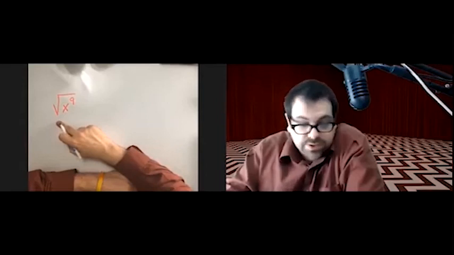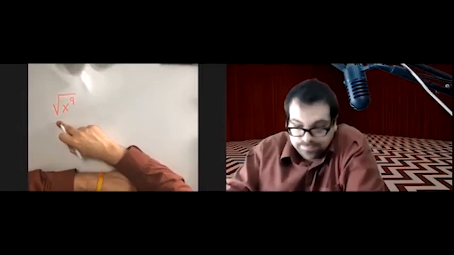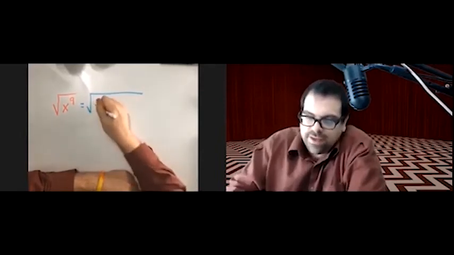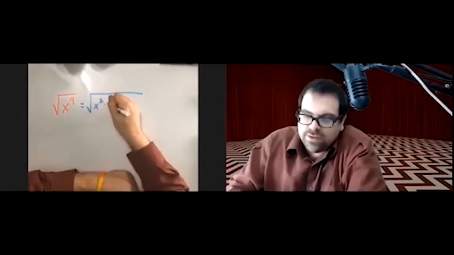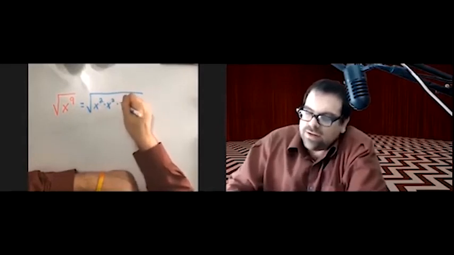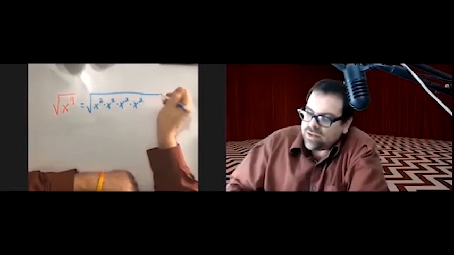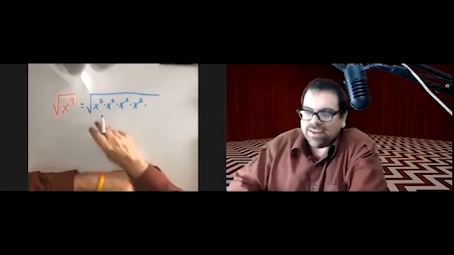Squares and square roots, they'll cancel. X to the 9th is like x squared times x squared times x squared times x squared times what? We're adding the exponents.